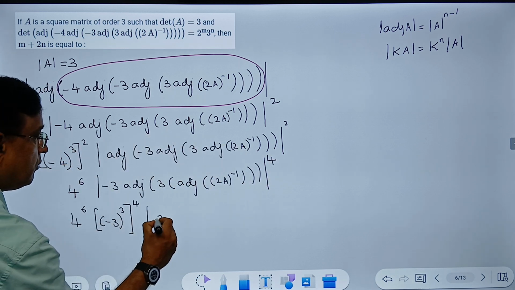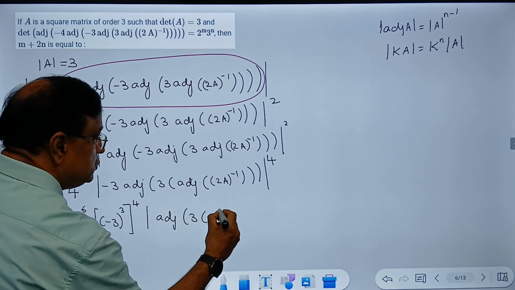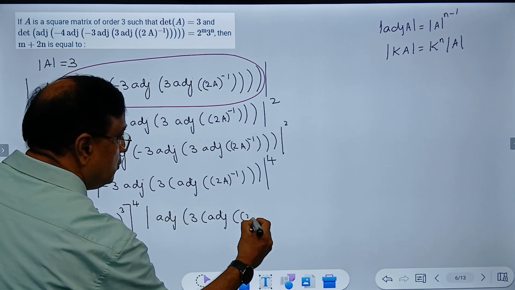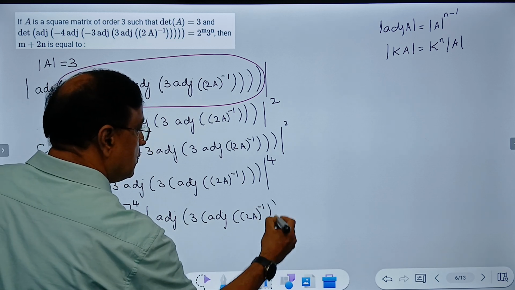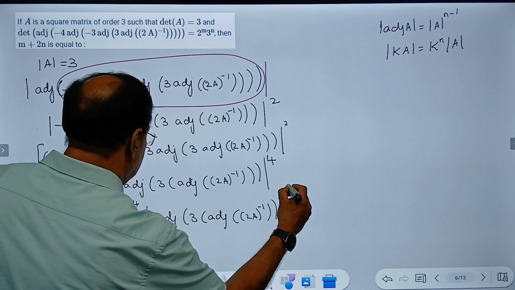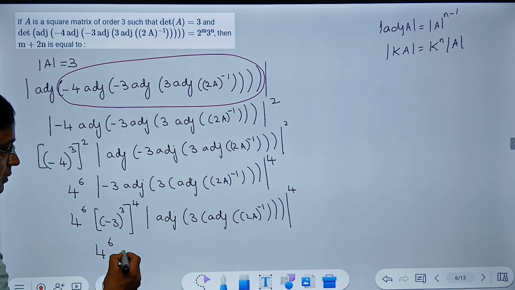Into determinant of adjoint of 3 times adjoint of 2A the whole inverse whole power 4. Now again this is power 12, so it is 4 power 6 into 3 power 12.